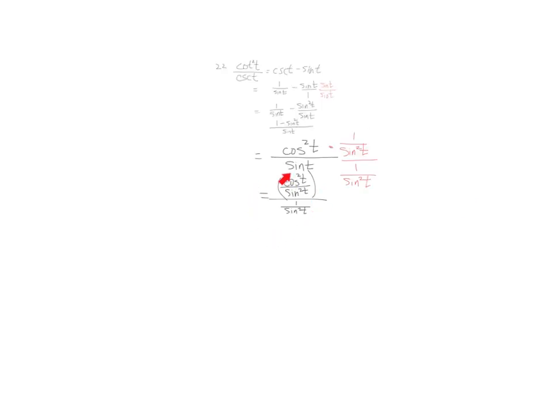So looking at this right here, it's all up here, so I'm going to circle it. In fact, this right here, I want to get it to look like this up here. So cosine squared over sine squared in the numerator right here. Cosine over sine is going to be cotangent, so cosine squared over sine squared is cotangent squared.